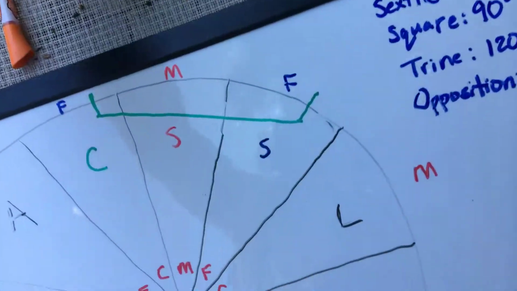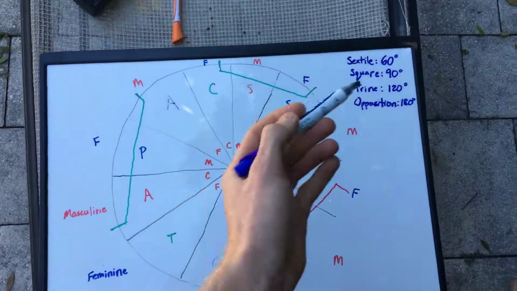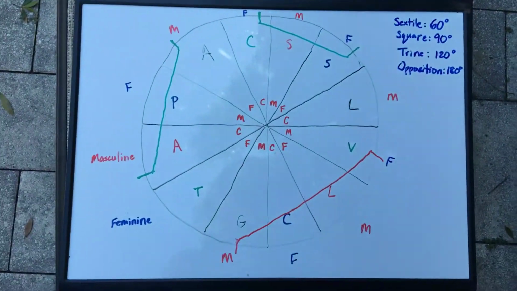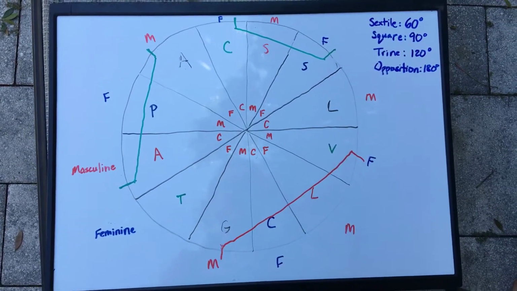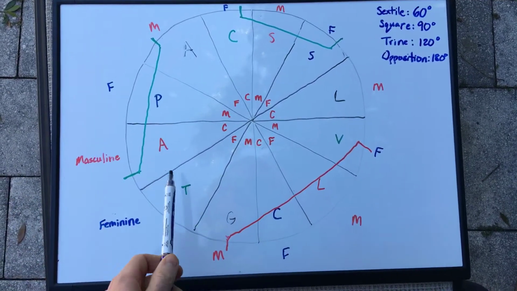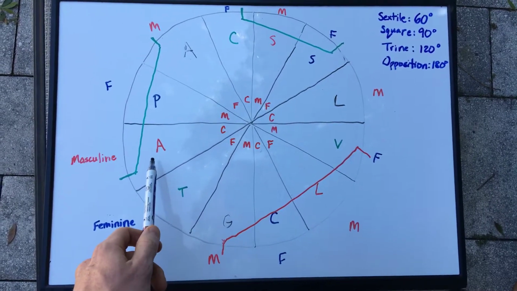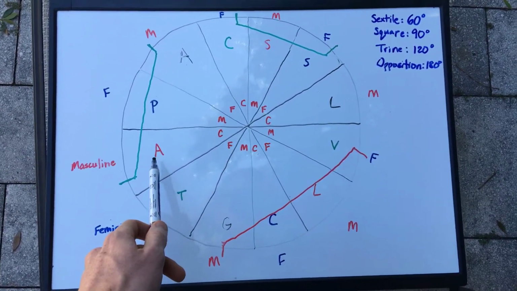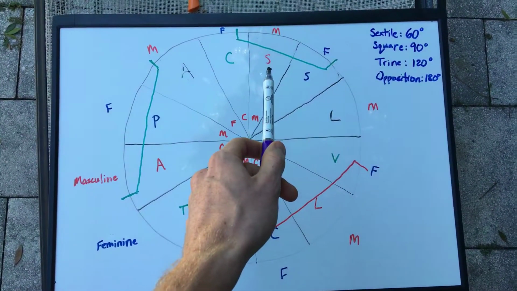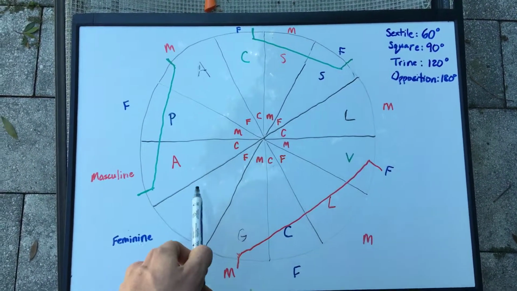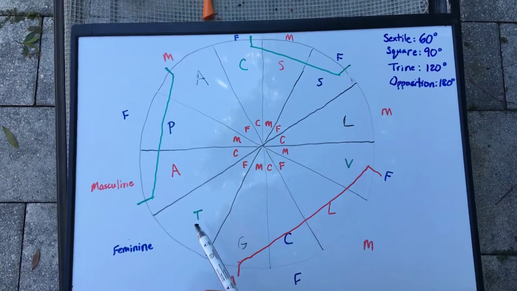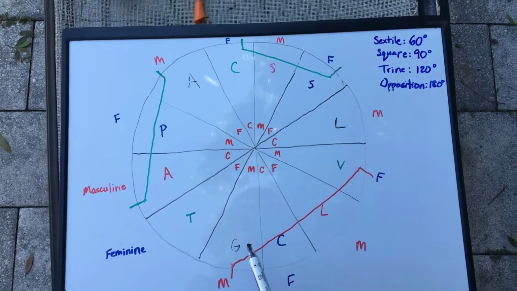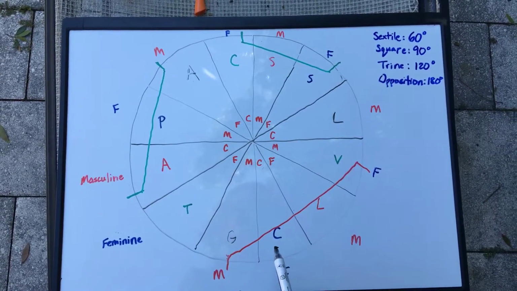Okay, next we have the trine. Trine is very simple as well. All we need to look for is the element. So Aries, denoted in red, is a fire sign. Same with Leo and Sagittarius, also in red. Next, we have Taurus, which is an earth sign, Gemini, which is an air sign, Cancer, which is a water sign.